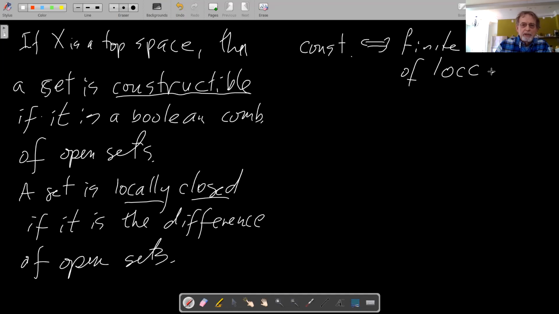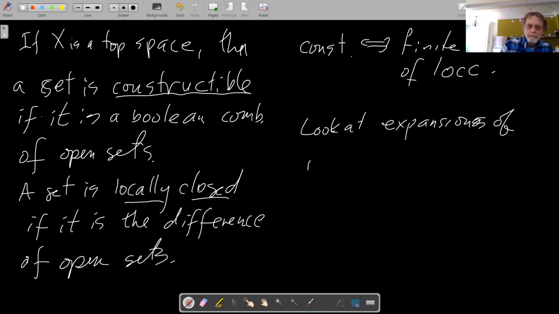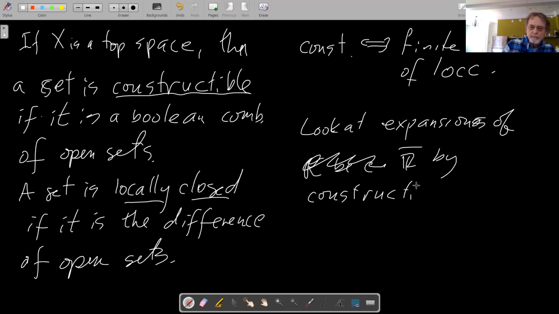So we're going to be looking at expansions of our base structure, we could even just do this, expansions of the field of reals by constructible sets of reals in various R^n.